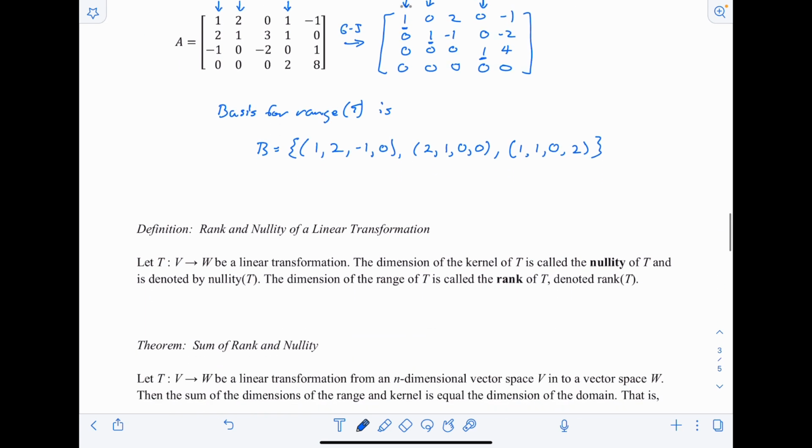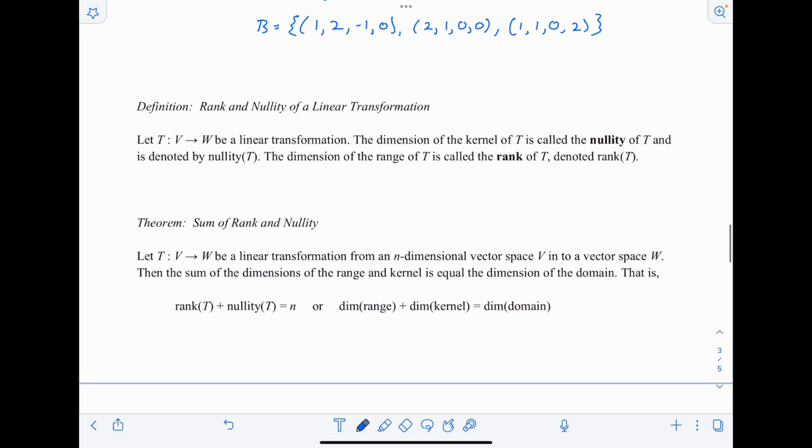All right. So this leads us now into rank and nullity of a linear transformation. We've talked about the kernel, we've talked about the range, and now we're going to talk about rank and nullity.